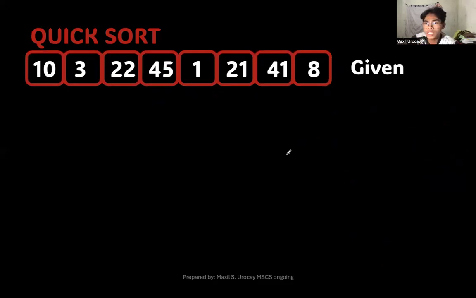Now, in our first partition, we choose 10 as our pivot. So 10 will be our pivot, and this will be our I, and this will be our J. I will be at the leftmost and J will be at the rightmost. And our focus, as I mentioned earlier, is that your I must be lesser than the value of your pivot, and your J must be greater than the value of your pivot.